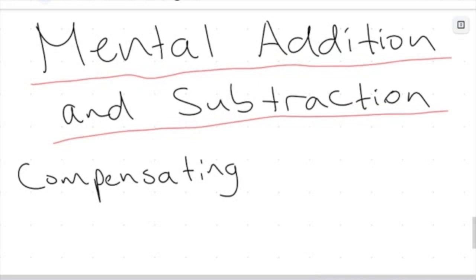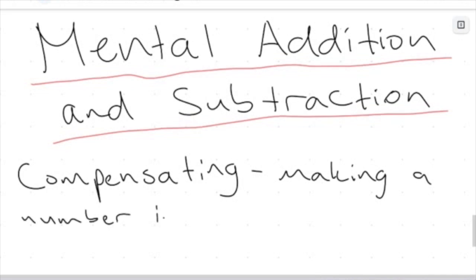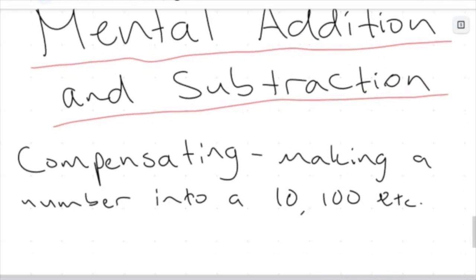So this involves making a number into a 10, 100, etc. So making it into a nice round number. And then we're going to adjust or compensate by adding or subtracting another number.